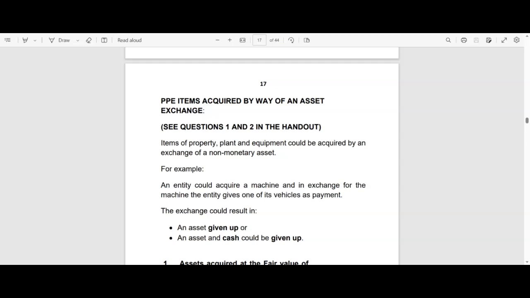Right, ladies and gentlemen, if we look at that scenario that we had a little bit earlier, we took the fair value of the old asset. So clearly, those that answered the fair value of the old asset are correct, right? So we use the fair value of the old asset plus the actual value of our cash to determine the purchase price of that new vehicle. So that is our default method.